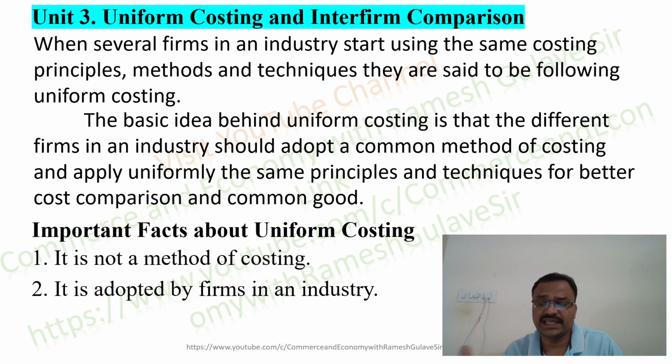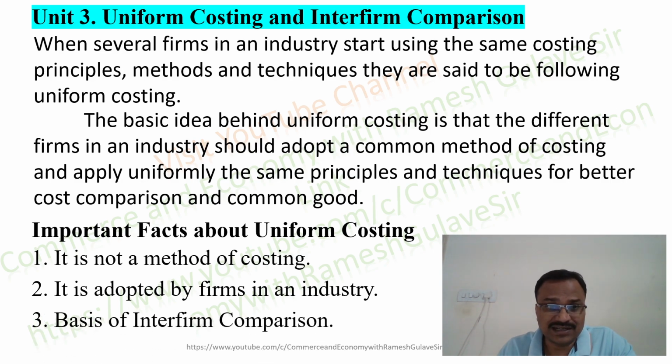Similarly, in the automobile industry, several firms can adopt uniform costing. We know that in the automobile industry there are firms like Tata Motors, Maruti Suzuki, Hyundai. So these are the firms in the automobile industry, and those firms can adopt uniform costing for their benefit. The third fact about uniform costing is that it is the basis of interfirm comparison.